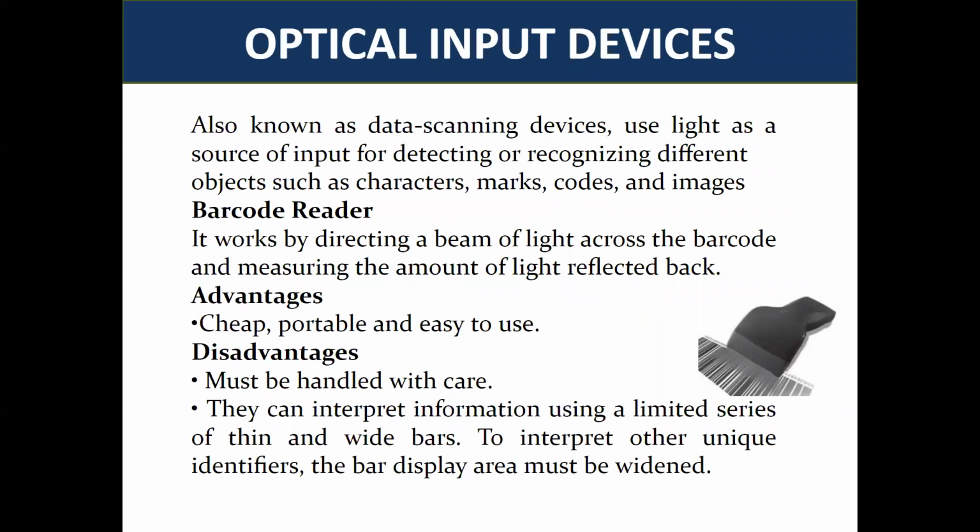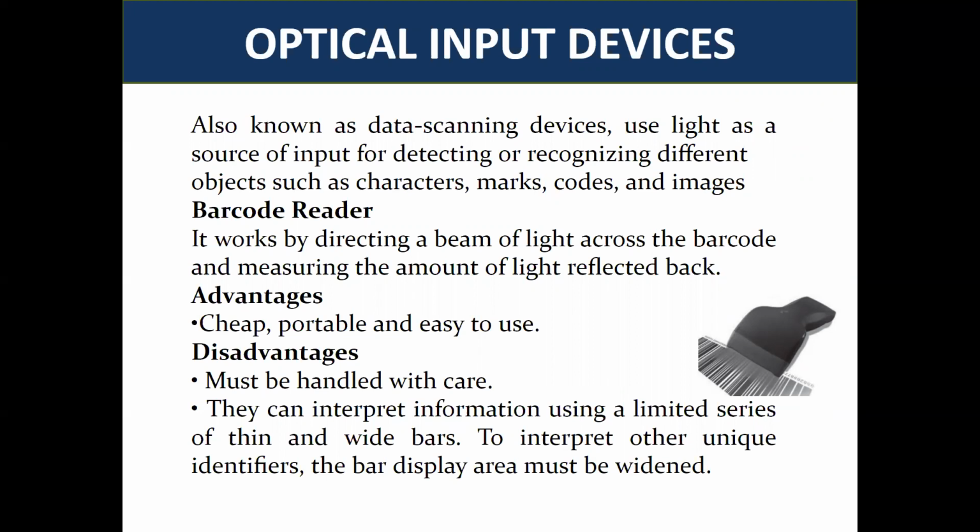So yeah, portability, cheapness and ease of use are basically the advantages of the barcode reader. And what is the disadvantage? The challenge or the disadvantage can be said that it must be handled with care, and they can interpret the information using a limited series of thin and wide bars.